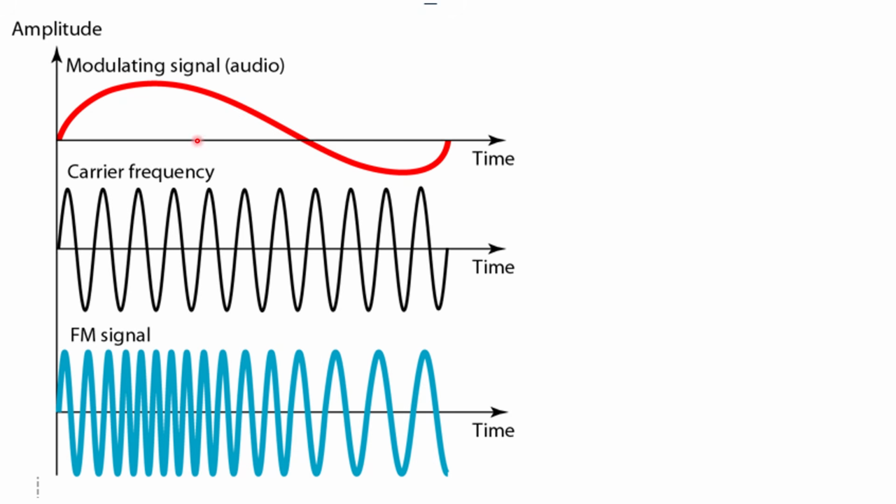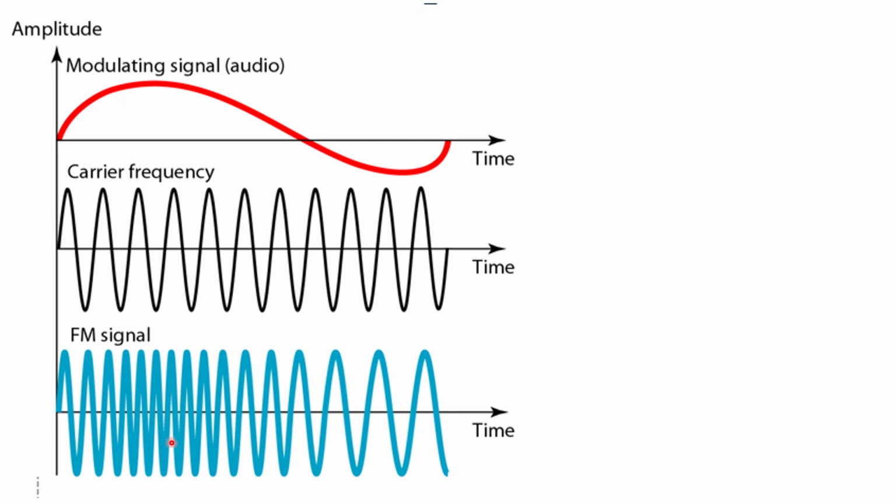So let's find out how to do it. This is your message signal and this is your carrier frequency, and you can see here the frequency is a little bit lesser. In this region frequency is very high because amplitude is higher, right? And then the frequency is very less in this region, as amplitude is negative corresponding to that. So this is actually the FM signal where frequency is changing.